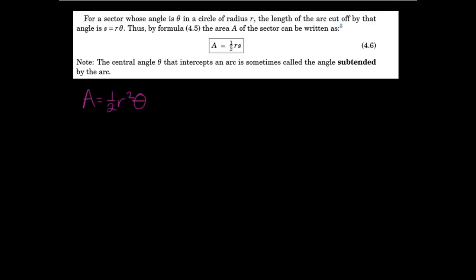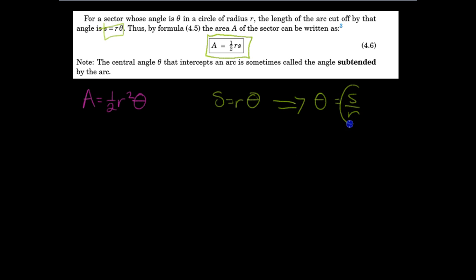Sometimes arc length is more applicable in these types of situations, so we might come up with the area of a sector in terms of arc length and the radius. It's easy to do because if you recall from 4.2, arc length is equal to r times theta, and that implies that theta is equal to s over r.